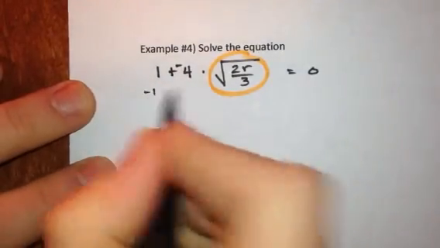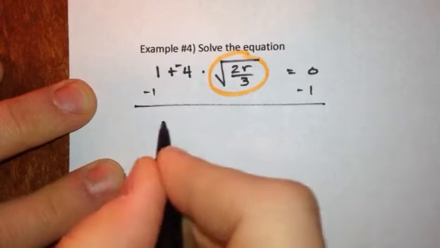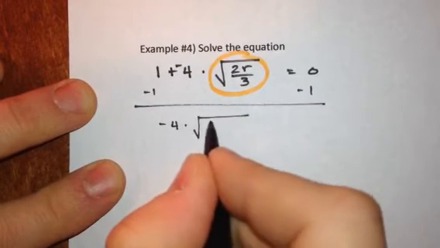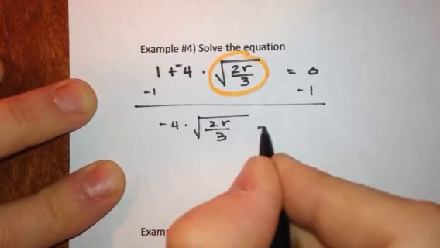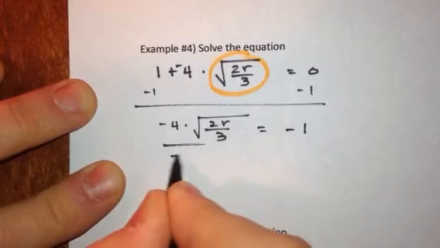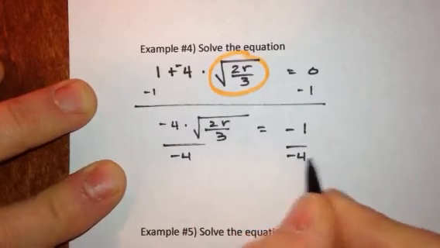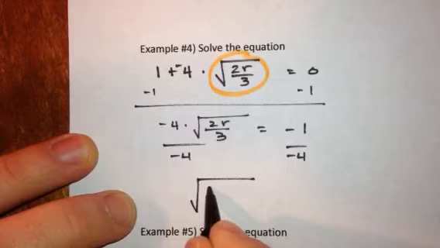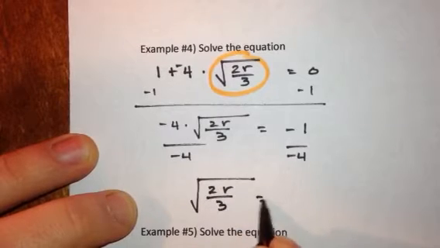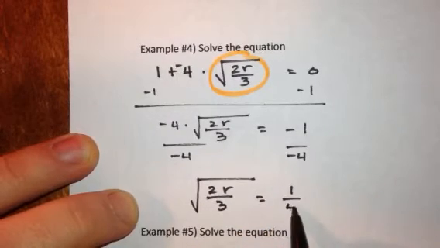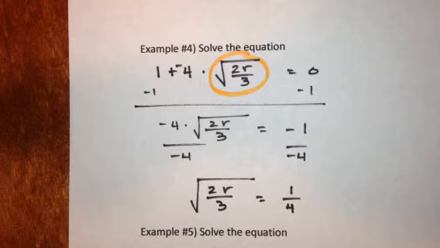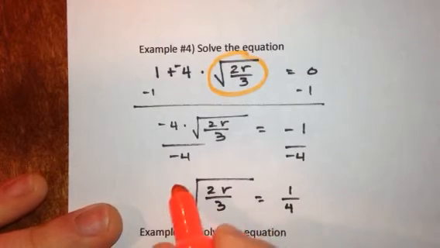Let's subtract that 1 from both sides. We get negative 4 times radical is equal to negative 1. We divide by negative 4 on both sides. We get that our radical is equal to 1/4. First step complete, radical by itself.